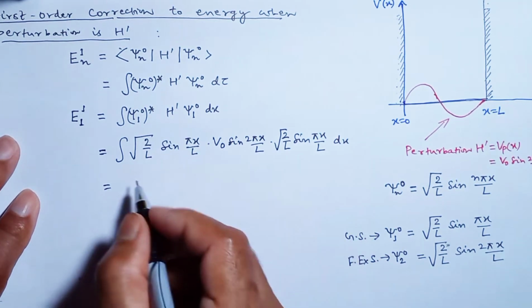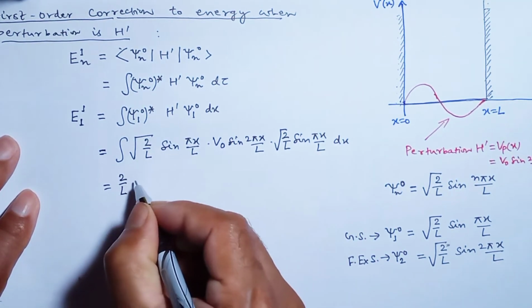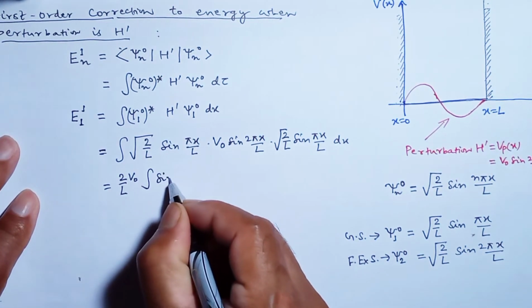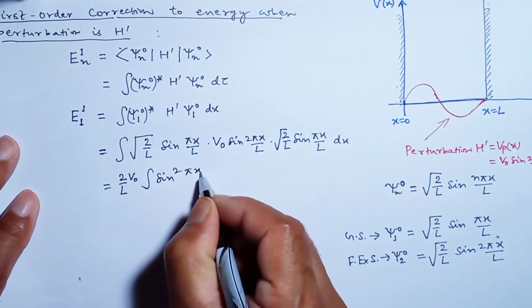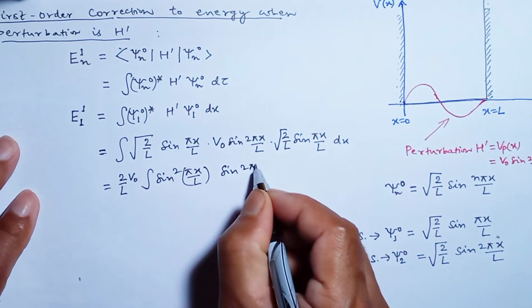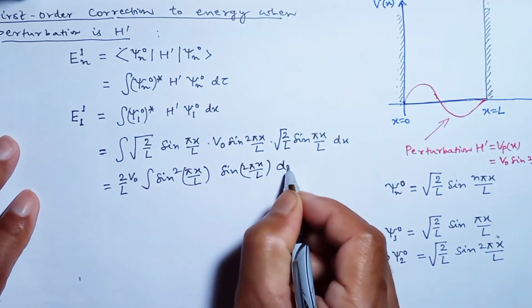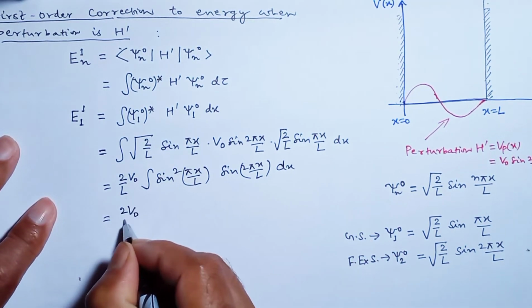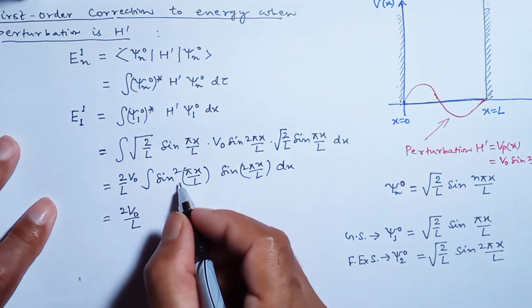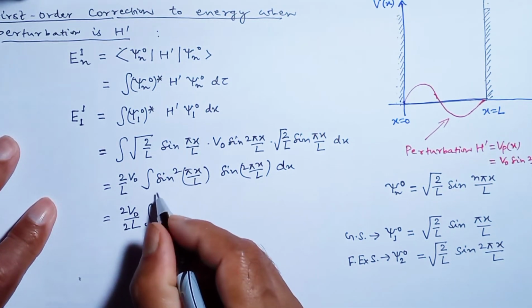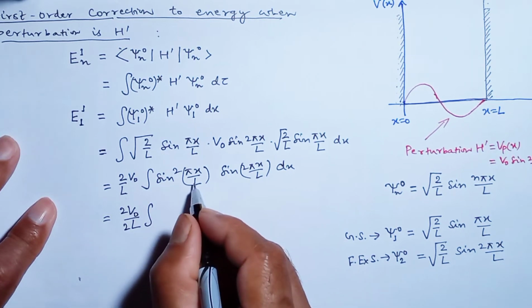So it becomes 2 upon L V0, this is sin square pi x upon L, sin 2 pi x upon L dx. Now it is 2V0 upon L. Here divide by 2 and multiply by 2, so it becomes 2 sin square theta.